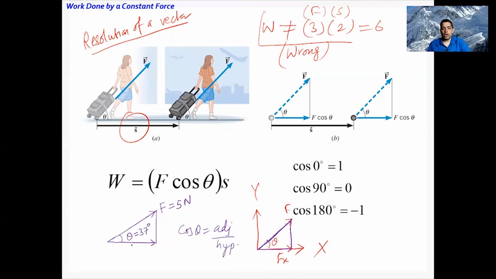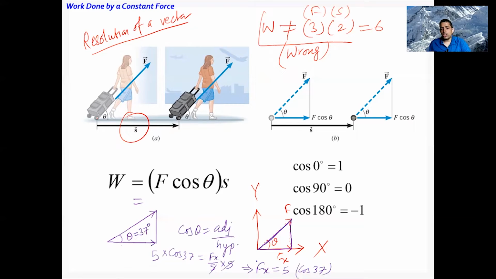In our case, the adjacent is Fx. So cosine 37 equals Fx over 5, the hypotenuse. If you multiply 5 on both sides, these cancel out. Then Fx is 5 cosine 37.